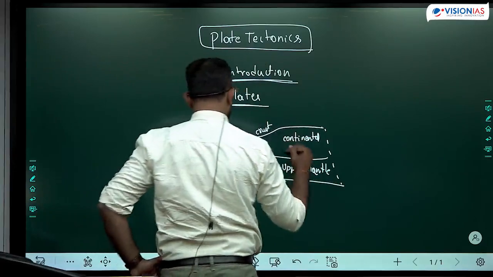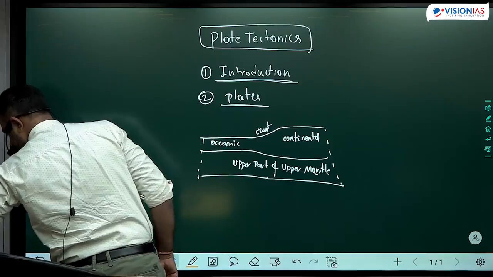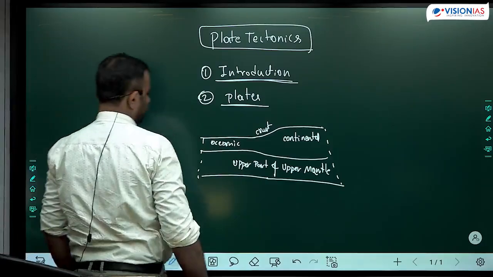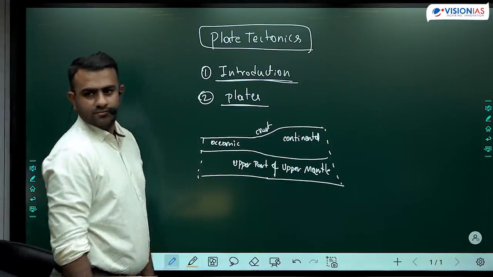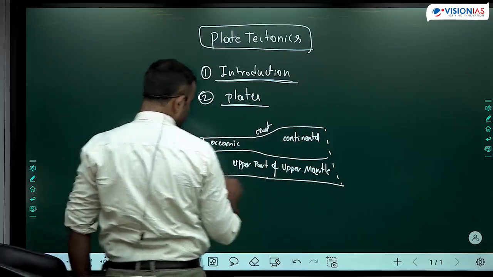This is crust and then this is upper part of upper mantle. What do we call this? इसका नाम क्या है? Lithosphere. Below the lithosphere there is asthenosphere.